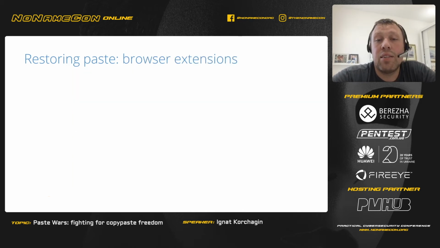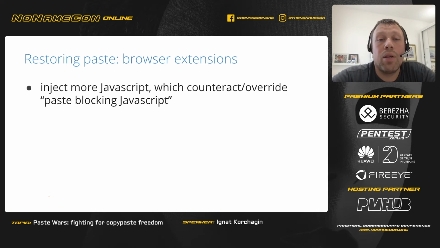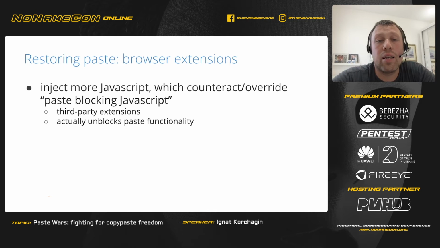The second way is that there are different browser extensions that exist to unblock paste functionality. Some of them work by injecting even more JavaScript, which tries to counteract or override the paste-blocking JavaScript in the application itself. These are third-party extensions, and they try to unblock paste functionality.